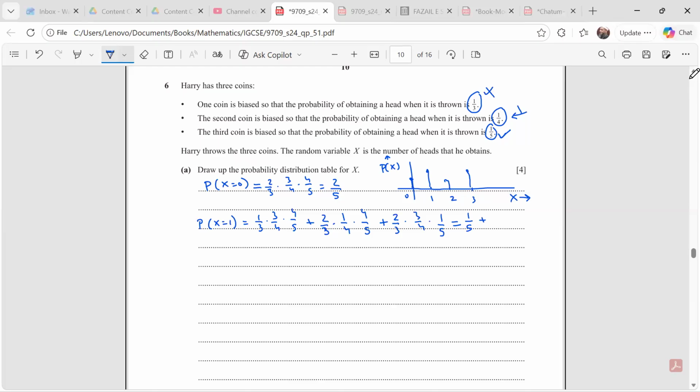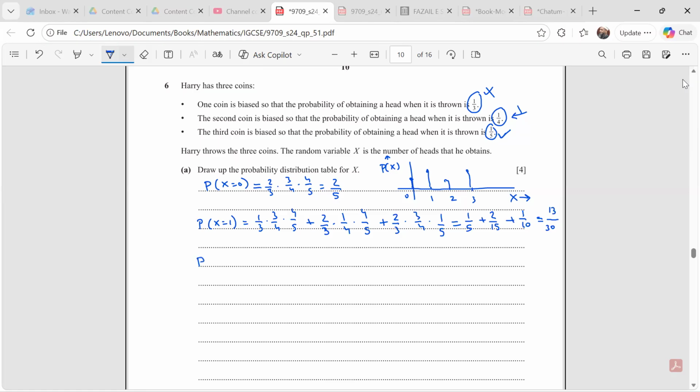Plus the next one, 4 cancels with 4, so it's 2 by 15. And the third one, 3 cancels with 3, this is 1 by 10. And this all simplifies: the common denominator is 30, and it's 13 by 30. You can check that this is the answer.